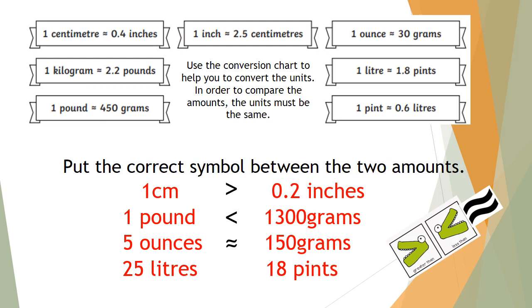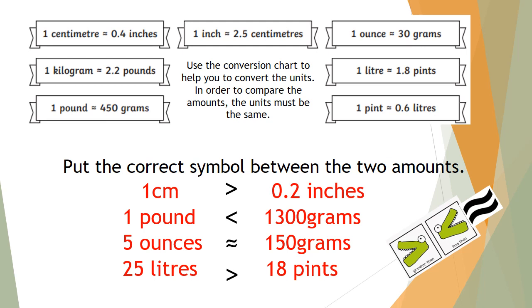And lastly, 25 litres compared to 18 pints. 25 litres is greater. The one to look at here to help you would be the section that says 1 litre is approximately equal to 1.8 pints. That's what we're going to use to help us, because if we times 1.8 by 10, we get 18 pints.